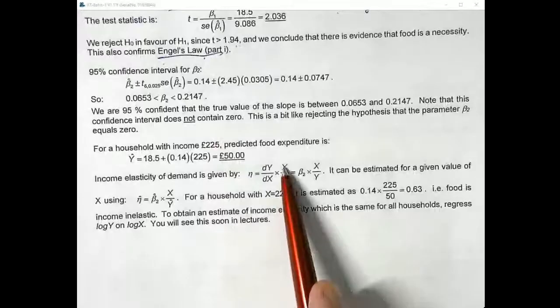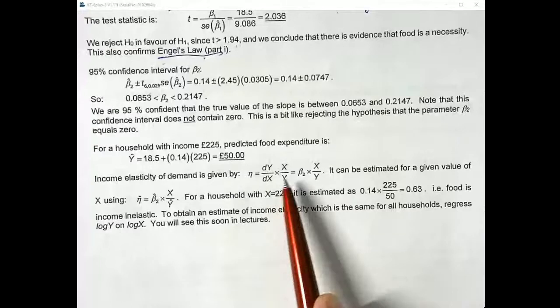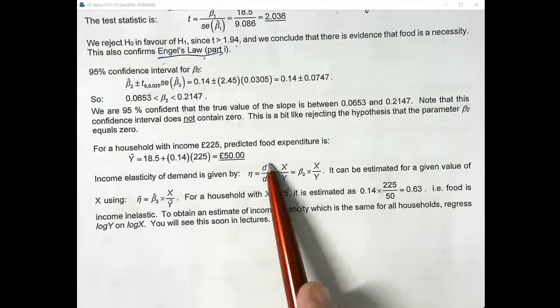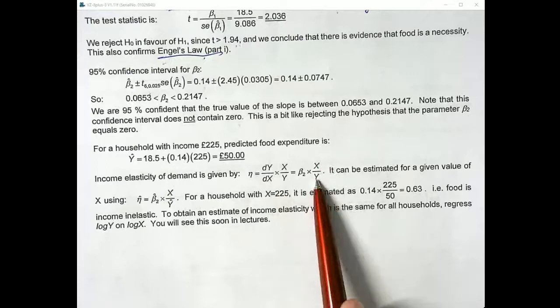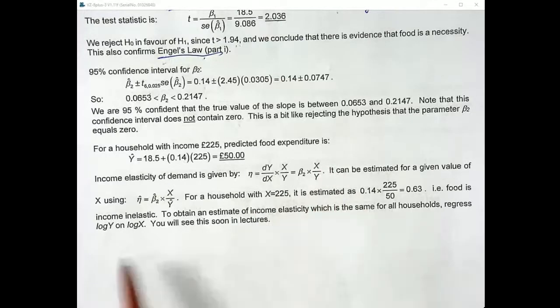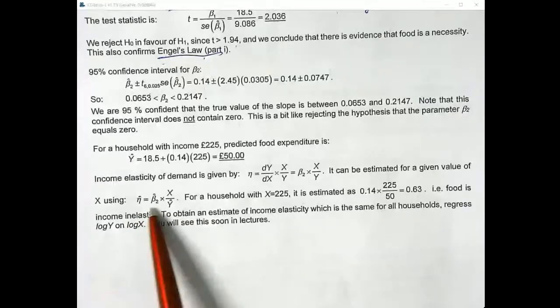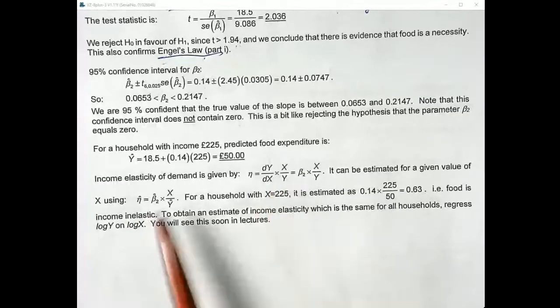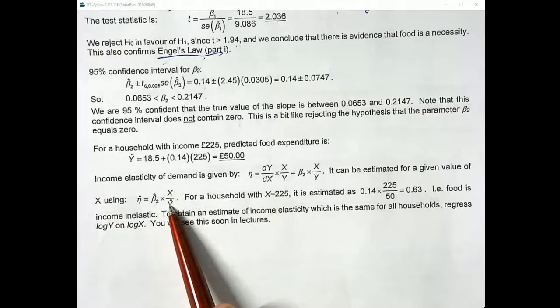But to make it an elasticity, you need to multiply by the thing on the bottom and divide by the thing on the top. And I'm going to explain that in lectures shortly. dy by dx is beta 2, the slope, times x over y. For a given value of x, it can be estimated as the estimate of the slope, which we have, 0.14, times the value of x, whatever that is, over y hat, the predicted value of y.